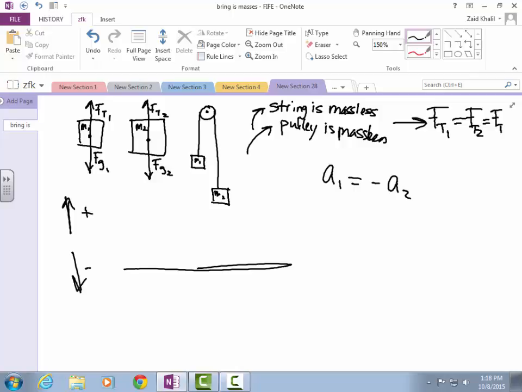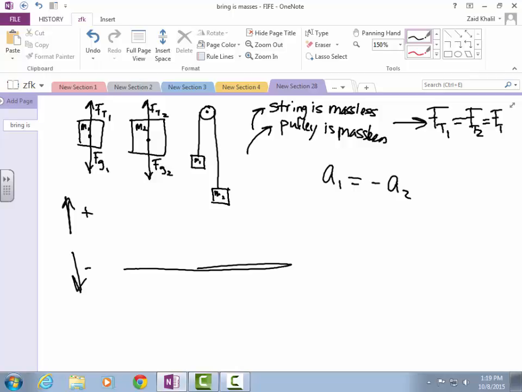What would the numerator approximately equal? M2. What would the denominator equal? M2. Notice M2 over M2 is 1 times g. So the maximum acceleration it can have is that of gravity. The minimum is clearly 0, at least in magnitude.